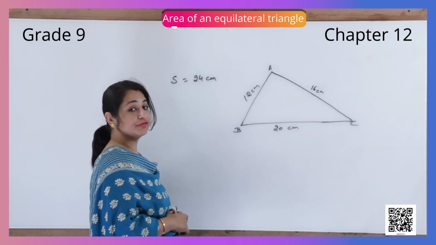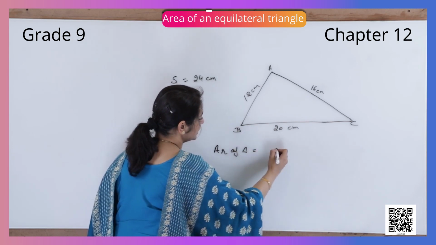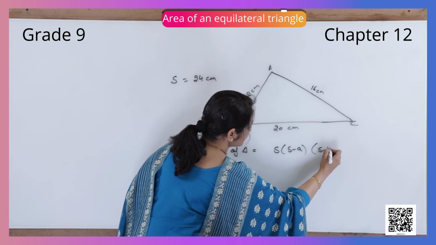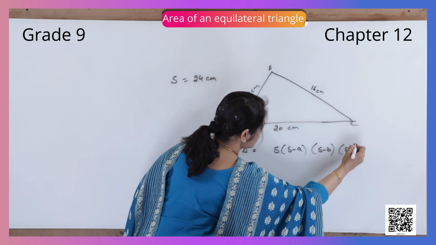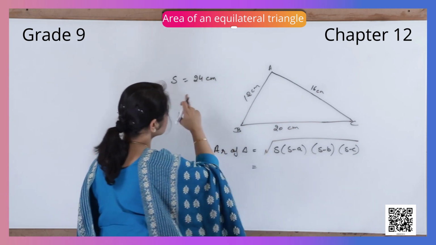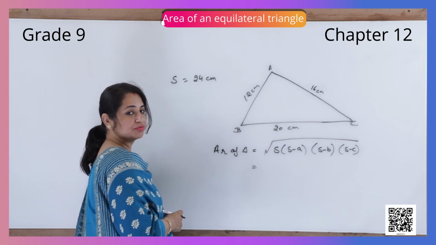Now the formula for the area is: area of triangle will be the square root of S into (S minus A) into (S minus B) into (S minus C). Here S is the semi-perimeter and A, B, C are the different sides of the triangle.